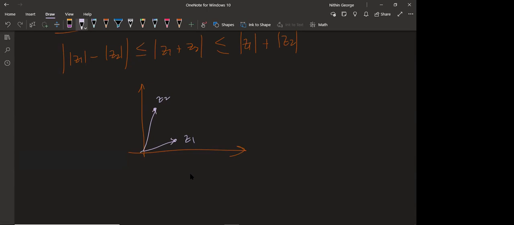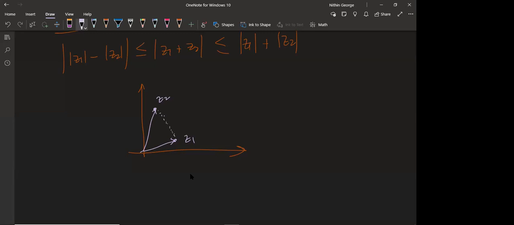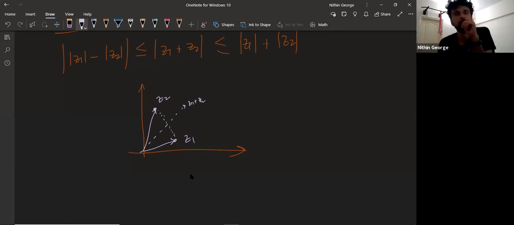And then the line joining them is Z1 minus Z2, yes. And the line going between them is Z1 plus Z2.